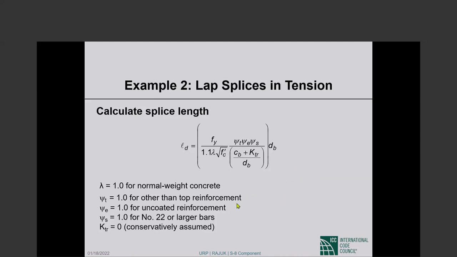Epoxy coating factor is equal to 1. There is no epoxy coating. The bar size factor, psi sub s, is 1.0 for number 22 or larger bars. And K sub tr, the confinement index, can conservatively be taken equal to 0.